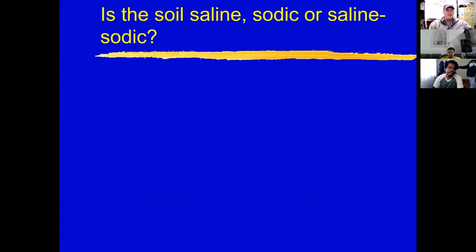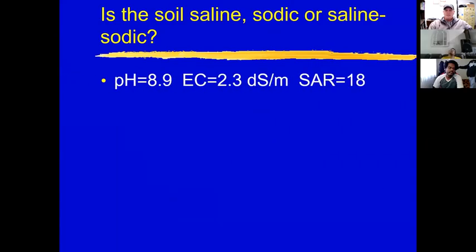Okay, this is where I wanted to get to. So let's say that we've got a soil with a pH of 8.9. We've got an EC of 2.3, and the SAR is 18. How would we classify this? Normal, saline, sodic. What do you think?